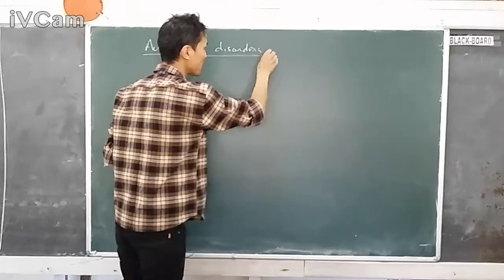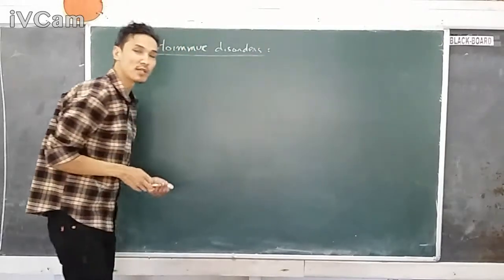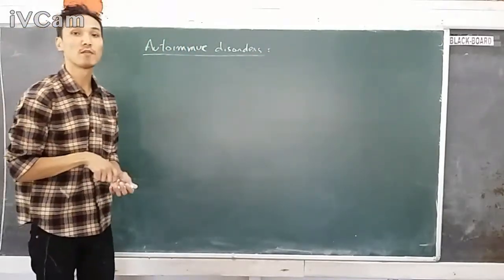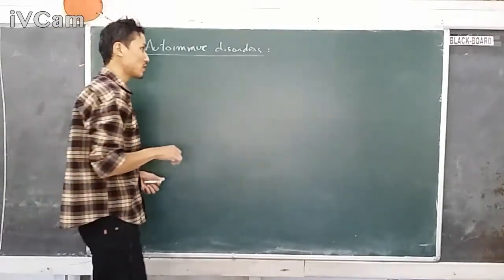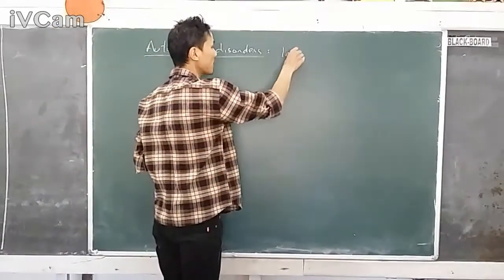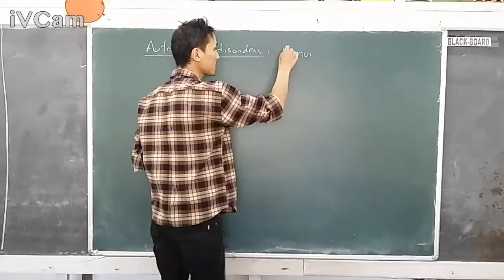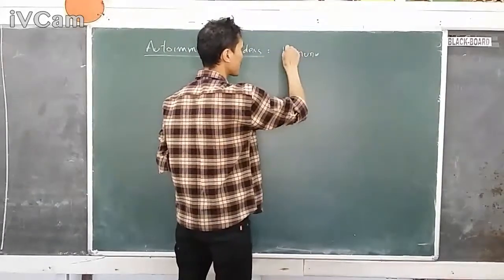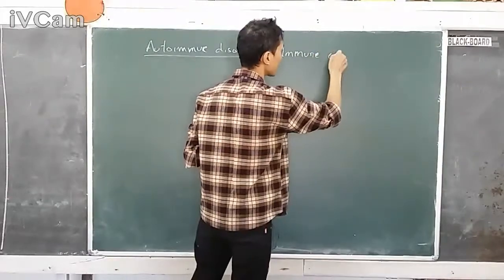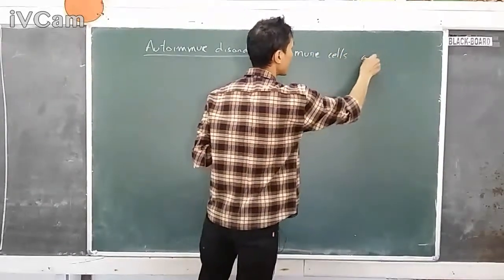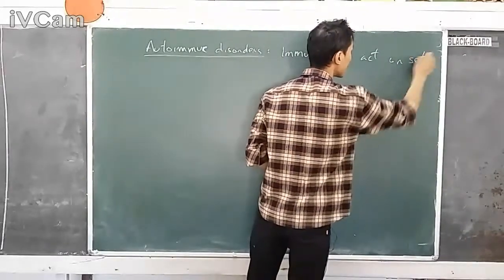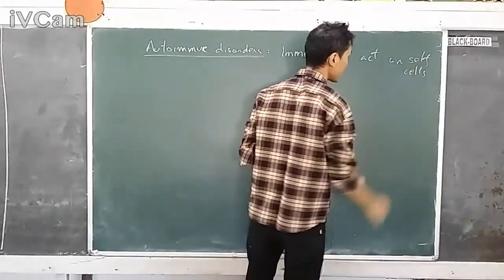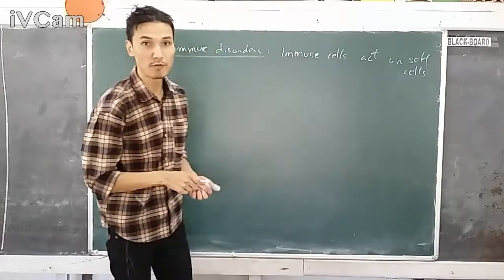Autoimmune disorders means that the immune cells, which are supposed to recognize a foreign particle, instead act on self cells. That means they act on cells of the individual itself.